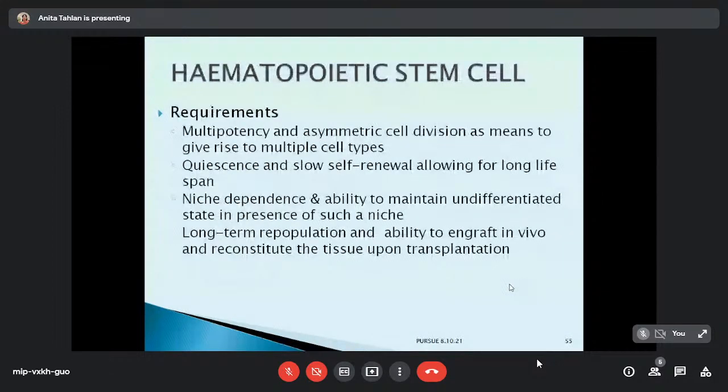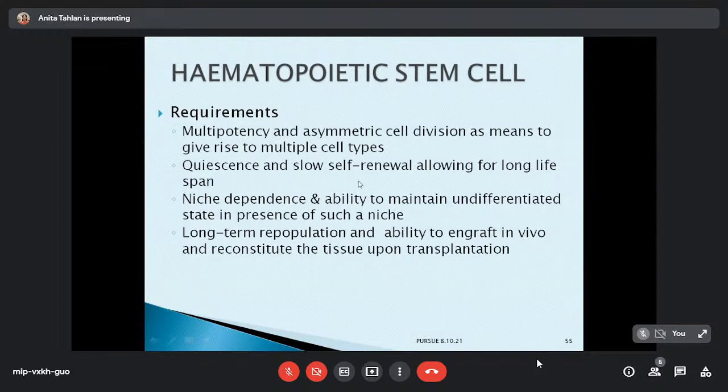Now coming to the main cell, which is the hematopoietic stem cell. What do we want from this hematopoietic stem cell? We want it to produce what we want, and stay quiet when we don't want it. In some words, we want it to be multipotent so that it can give rise to multiple cell types.